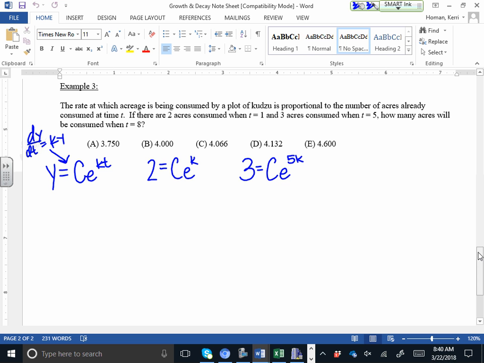Now I need to solve for k and c. We have 2 equations with 2 unknowns.